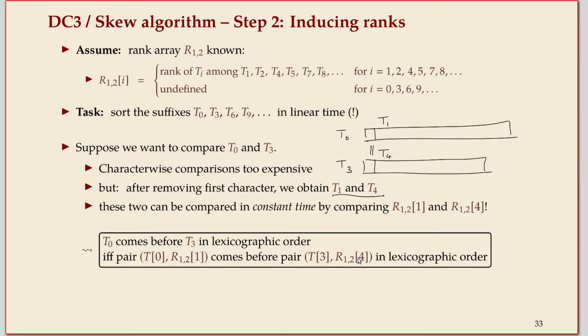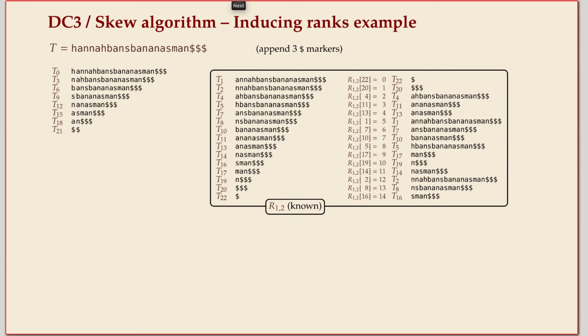If you generalize this, you get a sorting method, and this is what I want to show you by example here. So we used to have our banana band, but it turned out for this it's too small, so we have Hannah Band's Bananas Man. And just to be generous, we append a couple of dollars here. That makes a few definitions smoother.